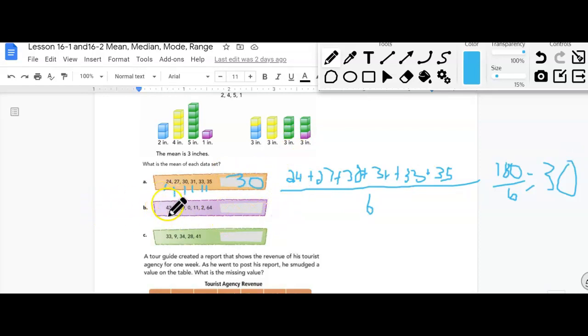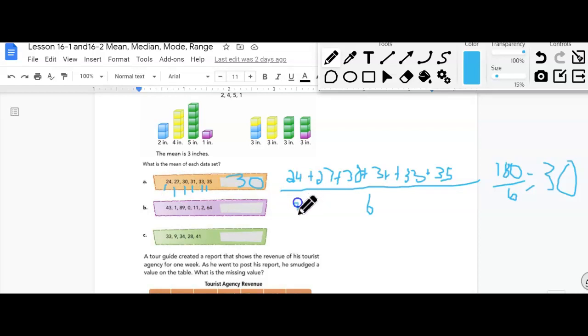Letter B, we are going to add all those numbers up. So I'm going to take 43 plus 1 plus 89 plus, I can do plus 0, but it doesn't really do anything for me, so I'm not going to do it. But I will say plus 11 plus 2 plus 64. I messed it up on my calculator, so I'm going to redo it. 43 plus 1 plus 89 plus 11 plus 2 plus 64.